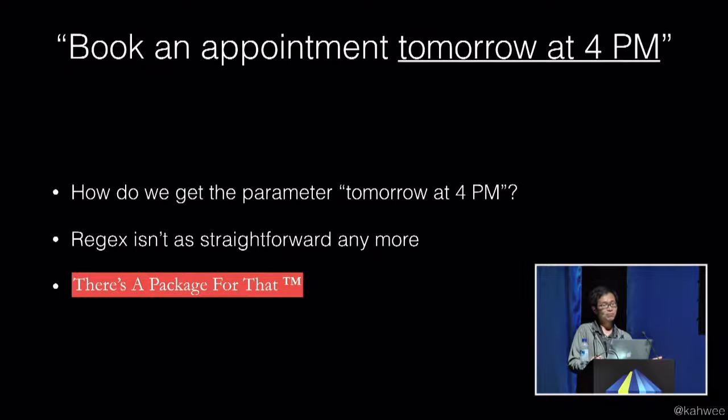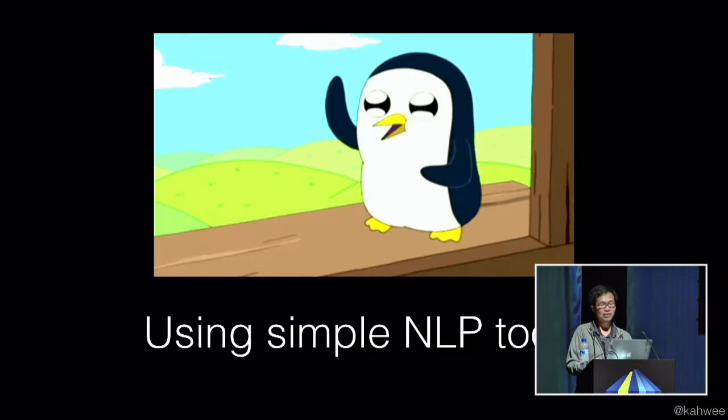So how do we get the parameter? Regex isn't very straightforward anymore because people can say something like "book an appointment next Saturday at 3 p.m." and things get really complicated. So there's a package for that, and you can use simple NLP tools.